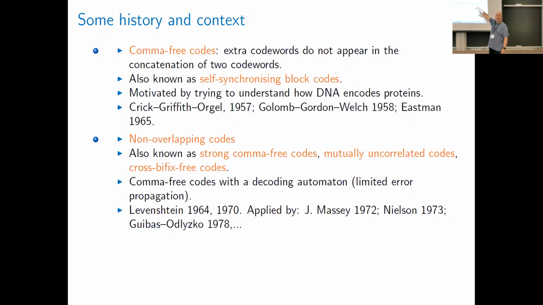That comes from the biological, the DNA type literature. Uncorrelated doesn't mean what an information theorist might think of as uncorrelated. It's not that kind of correlation, but they're thinking of the overlapping as a kind of correlation, so they're uncorrelated if you can't overlap them.